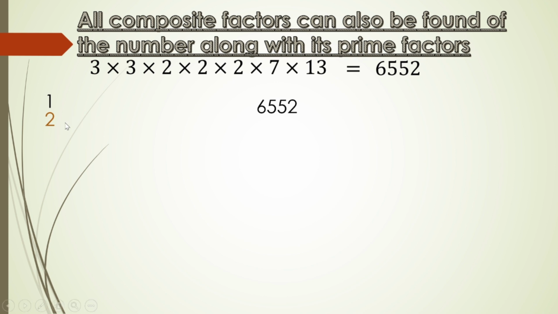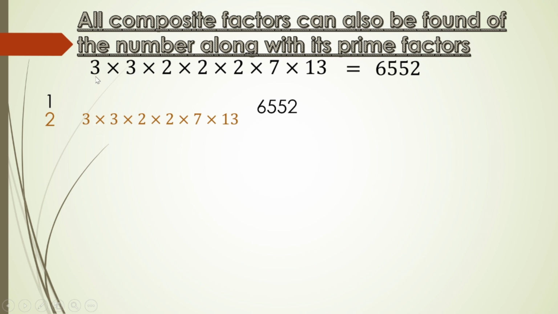So 2 is a factor, and what is the other factor, meaning the cofactor along with it? So 2 into the rest, meaning 2 into 3. You just do not have to write 2, but the rest is to be written. So the cofactor is 3 into 3 into 2 into 2 into 7 into 13, like this. 2 is here, so this into this will be 6552, no?